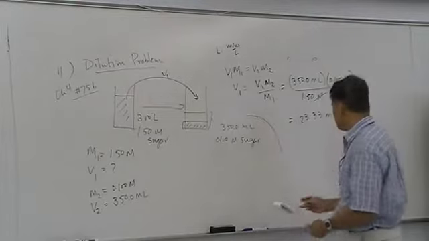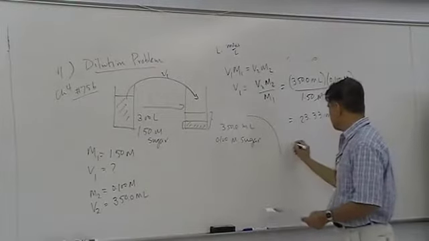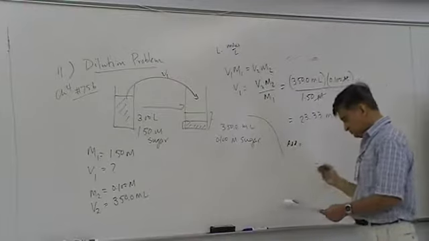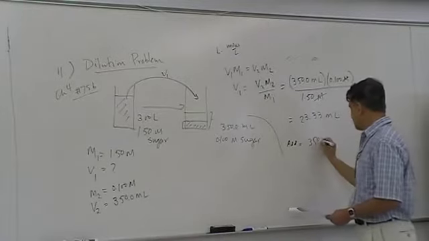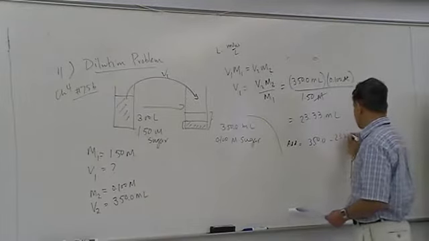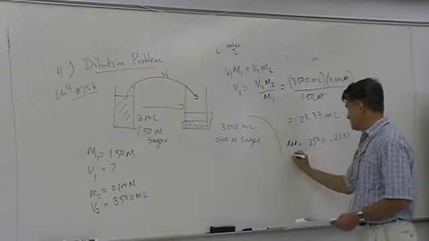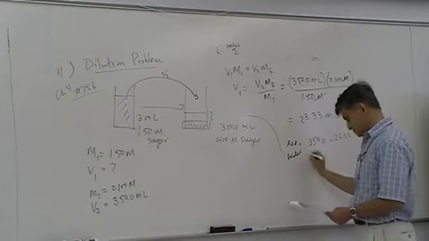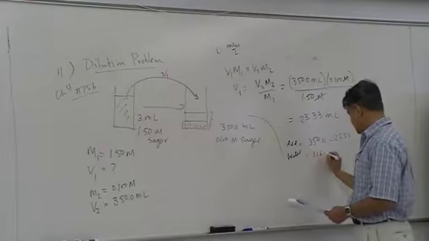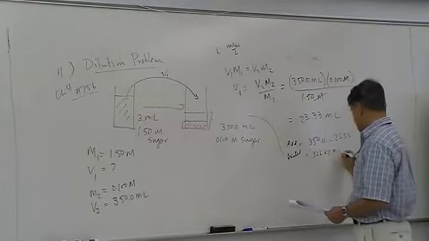So how much water do you need to add? This would be 350, because you need to get 350 ml, minus 23.33, that we add this much of water, which is 326.67 ml.